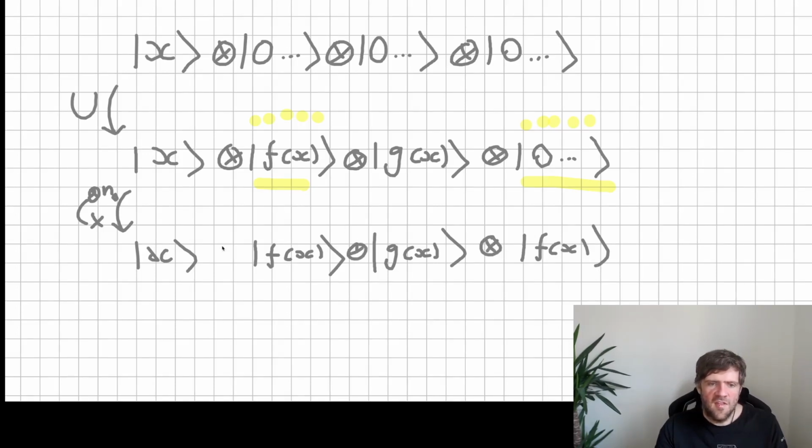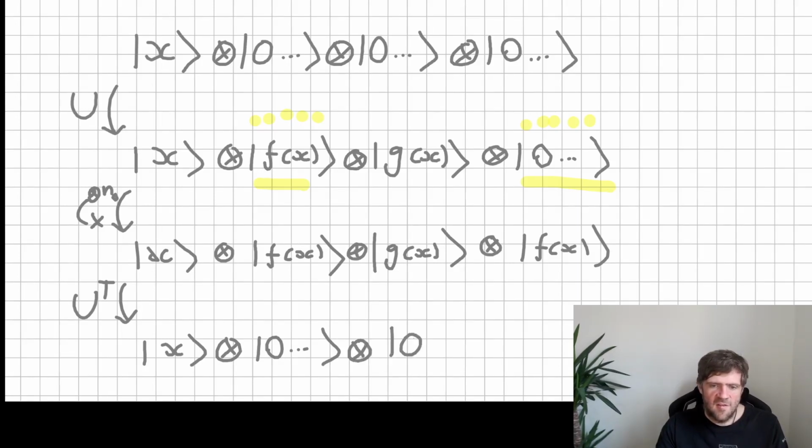Then once we've got the copy of our output safely in the bag, we can apply uncomputation to undo the computation, going back to just having x and then a bunch of zeros and then a bunch of zeros, getting rid of the unwanted garbage, and then this leaves our copy of the output where it was.